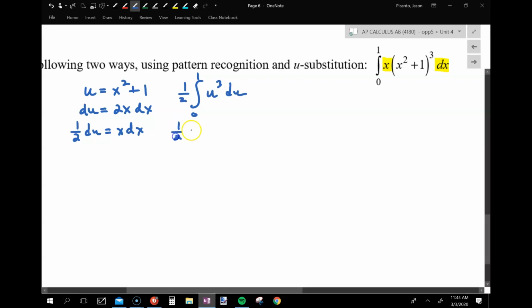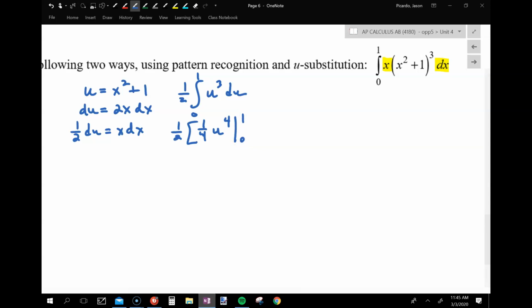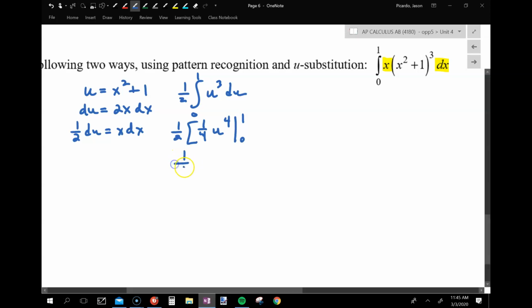So I have a half of that, which is the same as that, right?